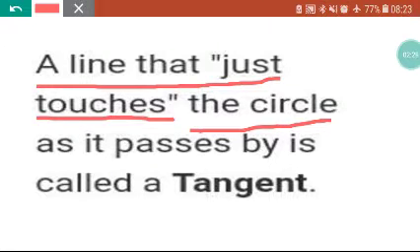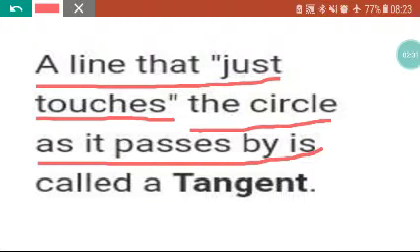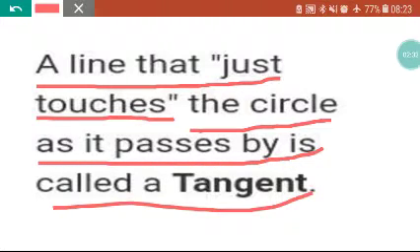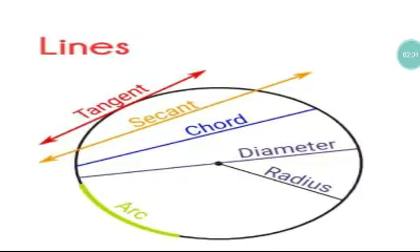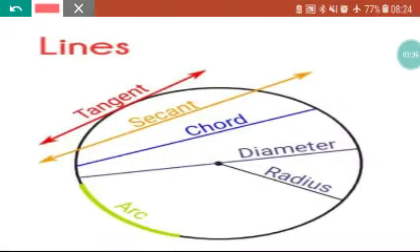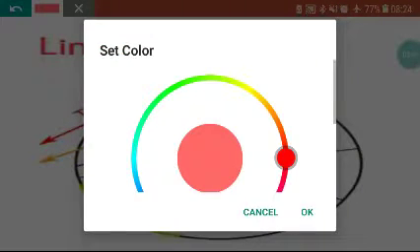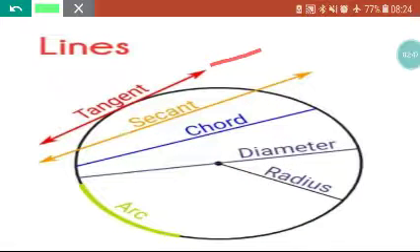See this figure here, this line is called a tangent, and it touches the circle at a unique point only. That point is also called the point of contact.